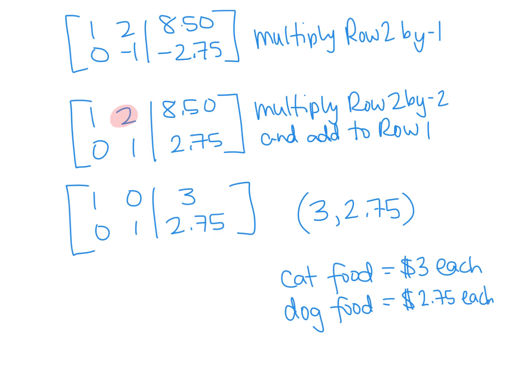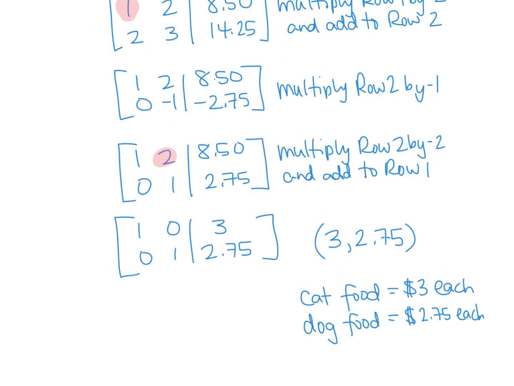If you remember that from the earlier lesson in the unit, that's what answers we got. So this is our final answer here. This is our reduced row echelon form that reveals our answer.